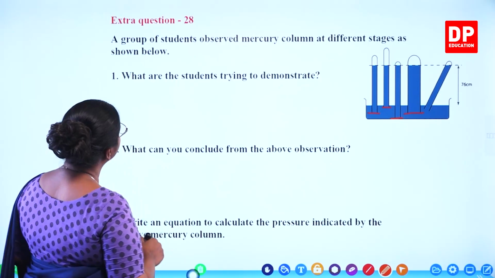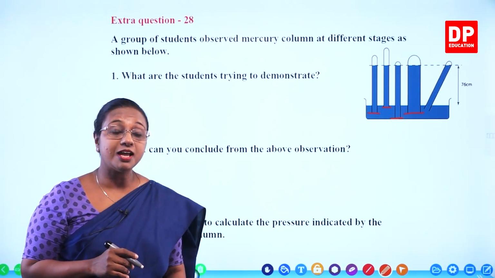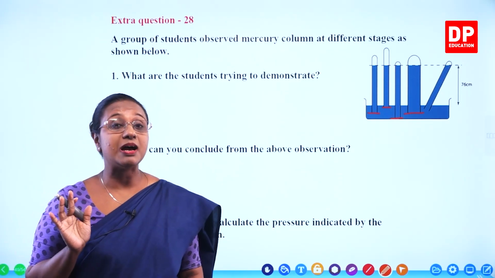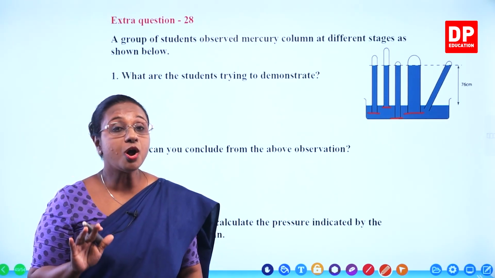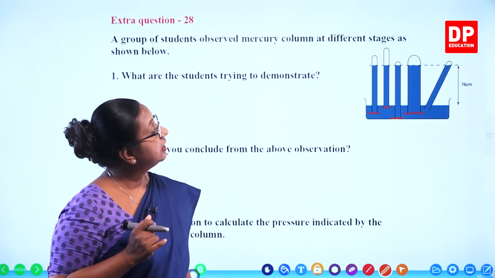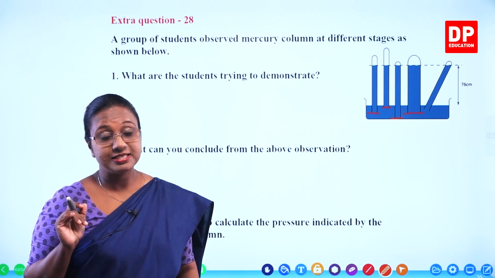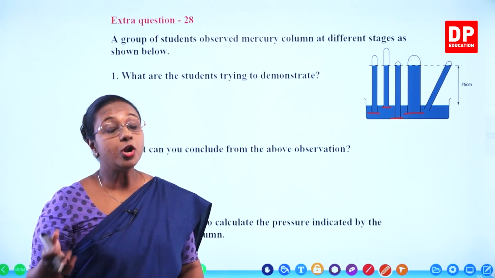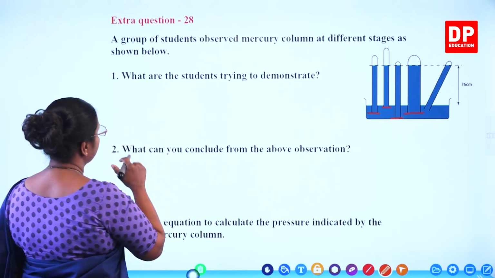So if we look at the question, what are the students trying to demonstrate? They are trying to show that the pressure exerted by a liquid column depends only on the vertical height, not on the volume of the liquid. Can you all understand that? The shape of the container, of course, is the same. The volume is the difference here. So that is what they are trying to demonstrate.